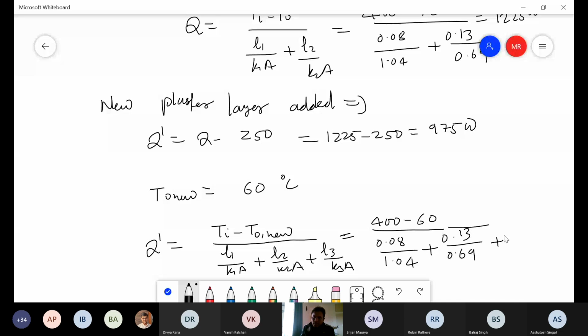L3 is 5 centimeters, isn't it? Yes, sir, it is 5 centimeters. Correct. So 0.05 divided by K, and this should be equal to 975 watt.